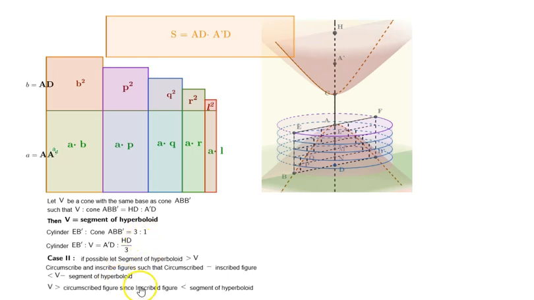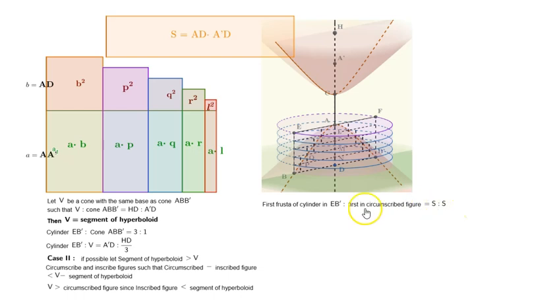What this means is, here inscribed figure is less than segment of hyperboloid. That means to maintain the inequality, V has to be greater than circumscribed figure. Okay. So now first frusta of cylinder EB prime is to first in circumscribed figure. If you notice, the circumscribed figure and the first frusta are the same.